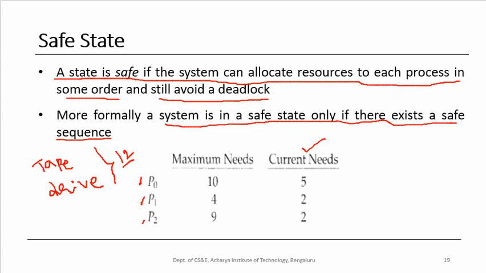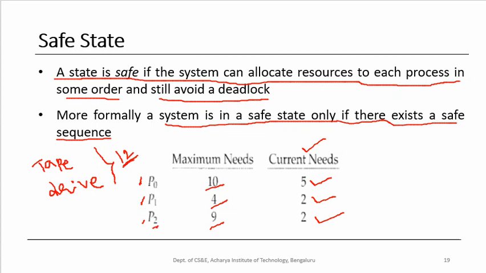Process P0 wants a maximum of 10 instances of tape drives, P1 needs a maximum of 4 instances, and P2 needs 9. So these are the maximum needs of the processes. Currently, 5 instances of tape drive are allocated to P0, 2 instances to P1, and 2 instances to P2.